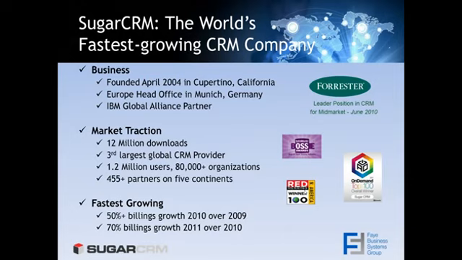SugarCRM, most of you know, is the fastest growing CRM company in the world. They were founded in 2004. The SugarCRM application has been downloaded more than 12 million times, and over 1.2 million end users are using the program. It's an international company, and there are 80,000 organizations throughout the world that have chosen SugarCRM.